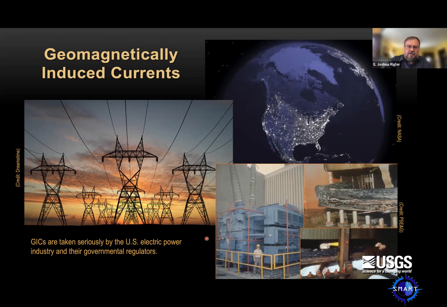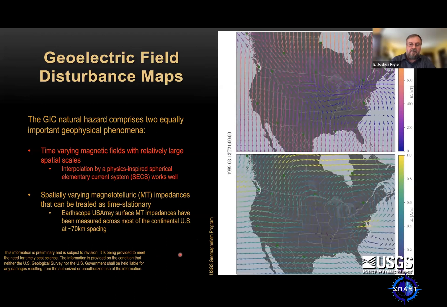And so the USGS actually has 2 major things that it can contribute to these studies, in addition to being advocates for them. Well, let me take a half step back. The GIC, the problem and the hazard there is the current that can flow through the technological infrastructure.